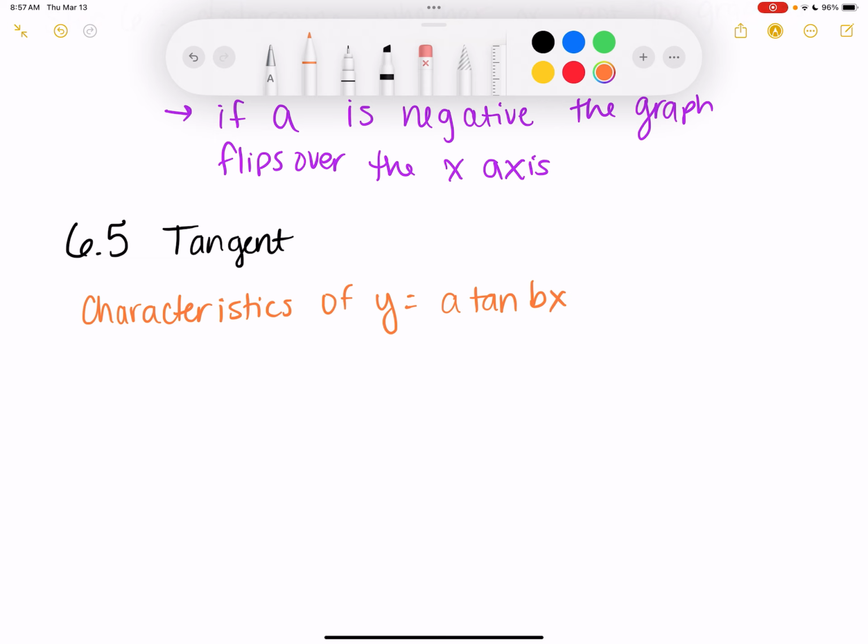So, anyways, the period and vertical asymptotes.